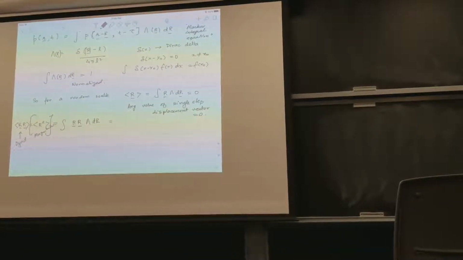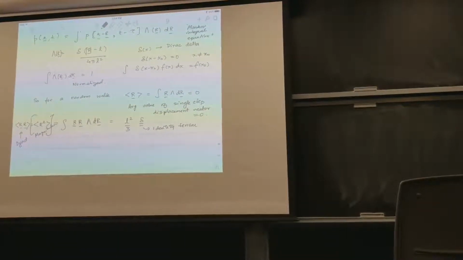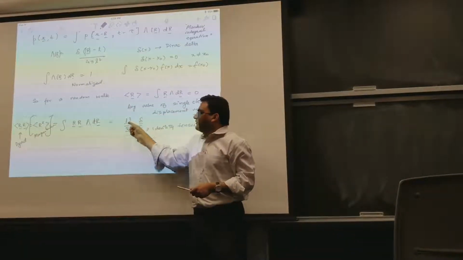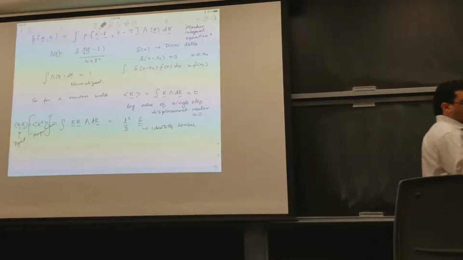We'll talk about dyads more, but it's two vectors multiplied together. So when we do that and calculate this, this will give us a value. So again, the key idea is that the mean square value of this is something you can evaluate. So that's a single step.